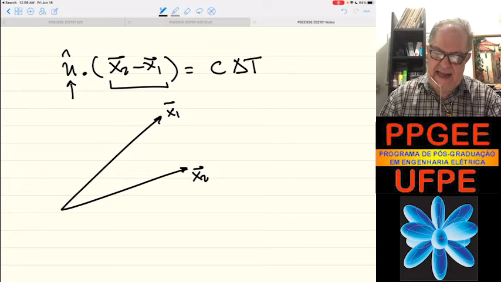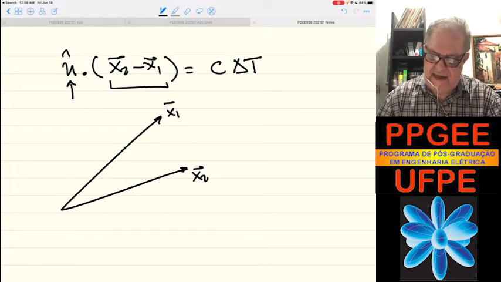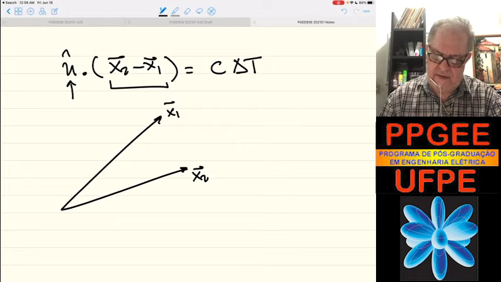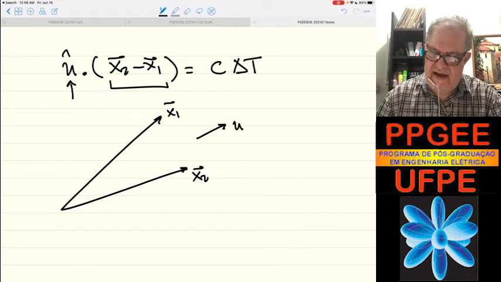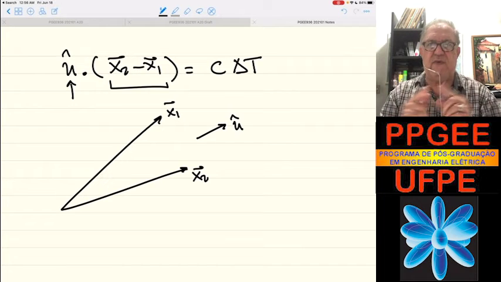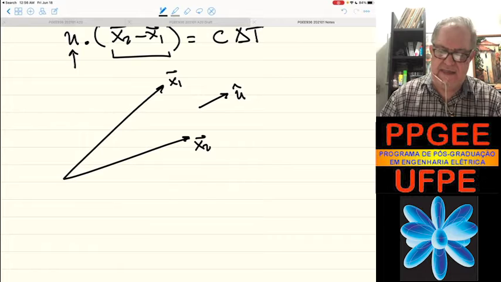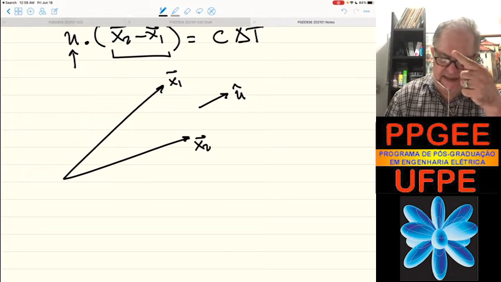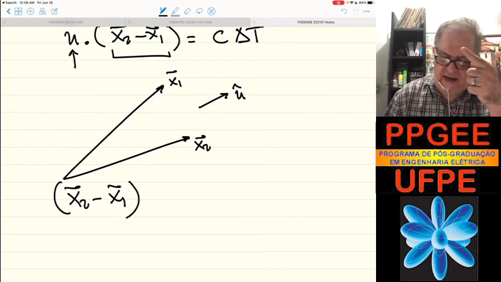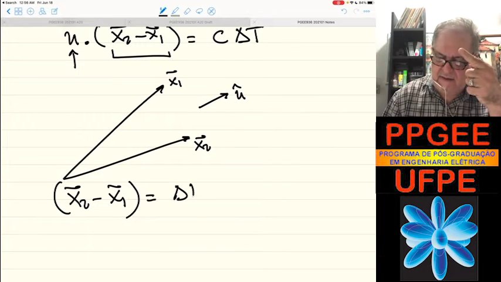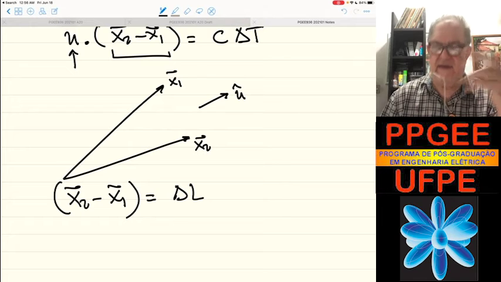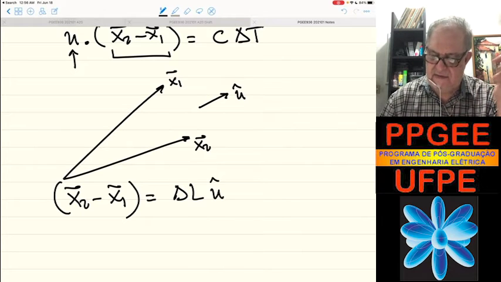So if I align x2 and I have, let's say, a u here, right? If I align x2 minus x1 along the same direction of u, so let's say that x2 minus x1 is a difference in length, delta L, times u, right?